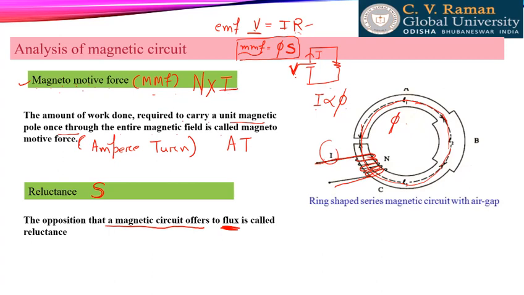This current is also known as magnetizing current. Please note down this, because this current is used to produce the flux. So what will be the force applied here? We can write number of turns into current, so its unit will be ampere turn.